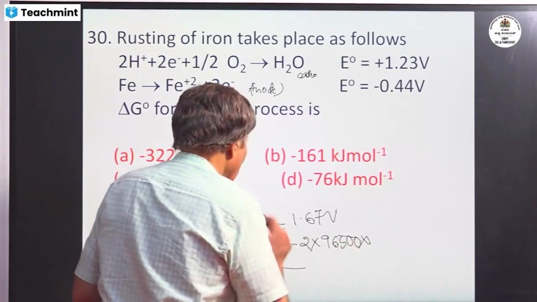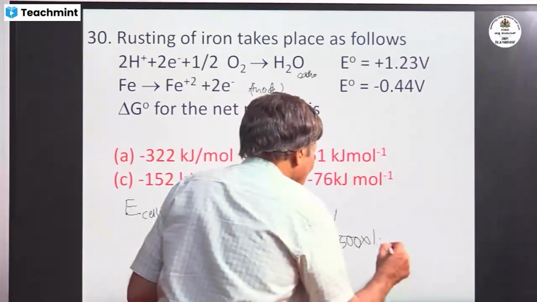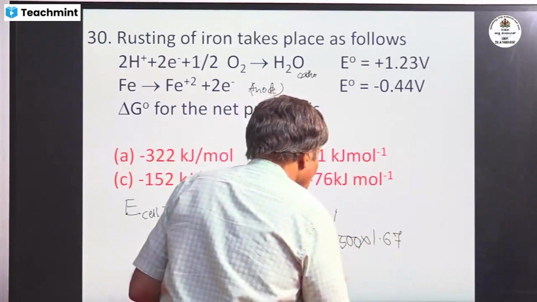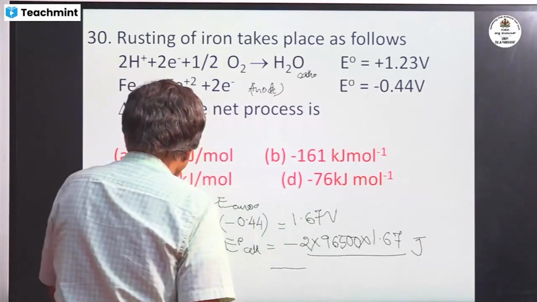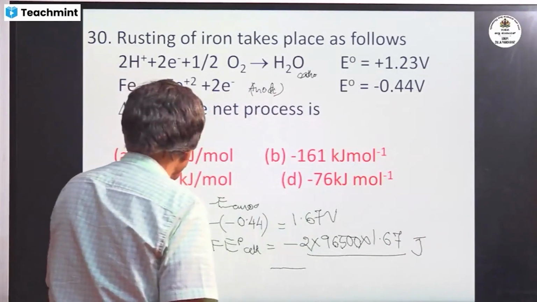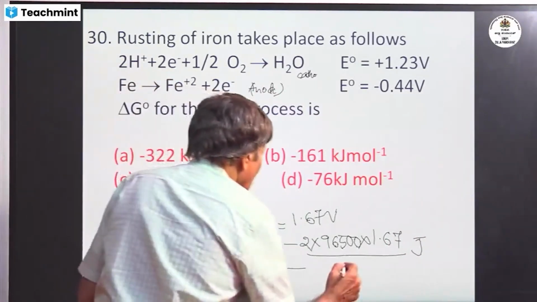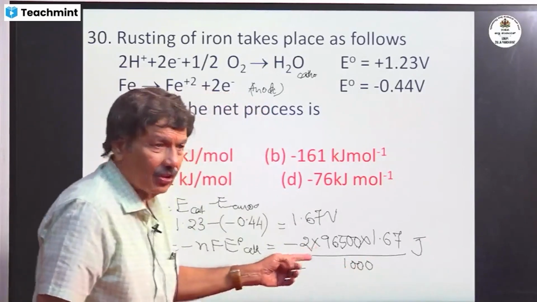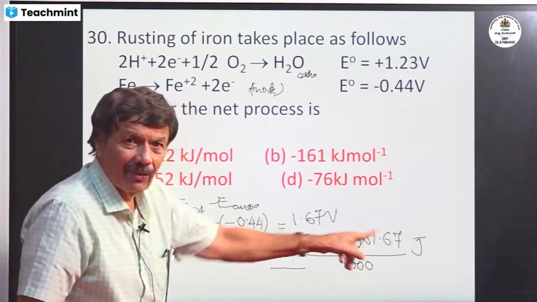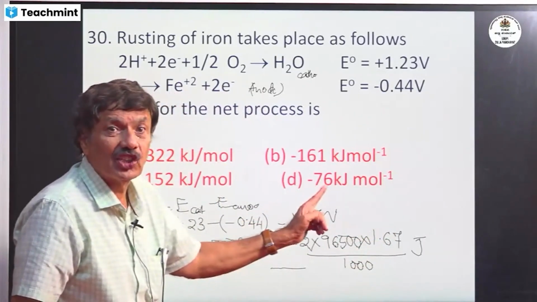Then E naught of the cell, we got it as 1.67. So many joules it will be. But the answer given is in kilojoule, so divided by 1000. What you are getting is in joule; I want it in kilojoule because the answer they have given is in kilojoule.